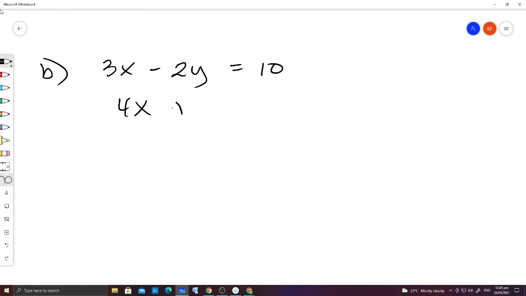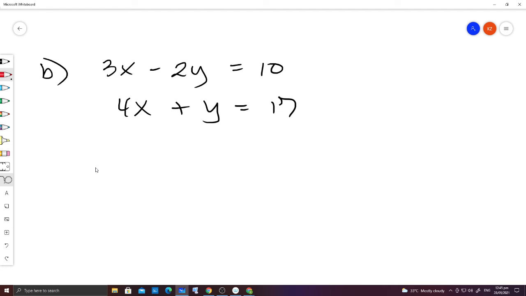Then 4x plus y equals 17. Since our topic for today is about substitution, we are going to use only substitution again. In quiz and exam, you are free to choose. But for now, let's focus on substitution.